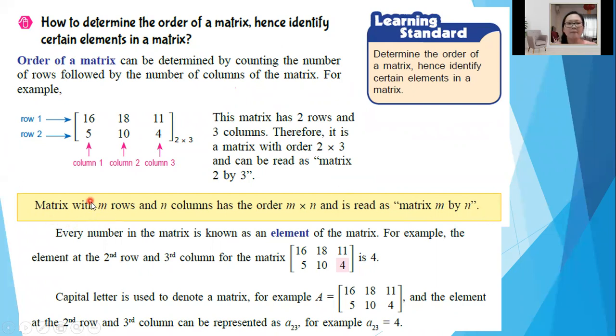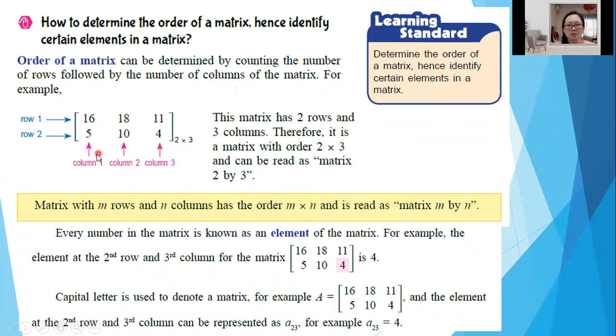Every number in the matrix is known as an element of the matrix. For example, the element at the second row and third column. Just now we have row 1 and row 2. So second row means the second one.